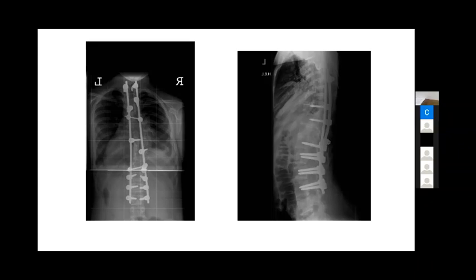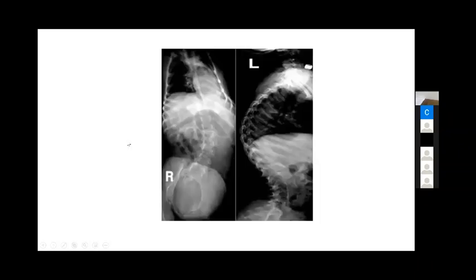Previously, when you used to use the hooks and the Harrington rods, we used to do anterior surgeries. But now with the pedicle screws and the stainless steel rods, mostly we can just do it from the posterior. So sticking onto that, what is this? What scoliosis is this?